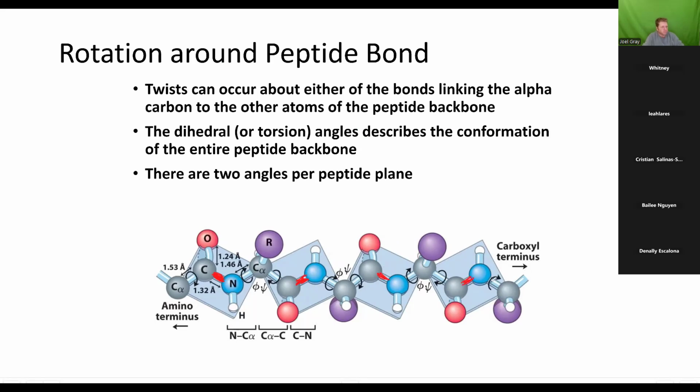Now, I can have my other bonds adjacent to that where I have some rotation. Where my middle fingers are meeting, that's effectively this bond right here or this bond right here. So we can have this rotation.